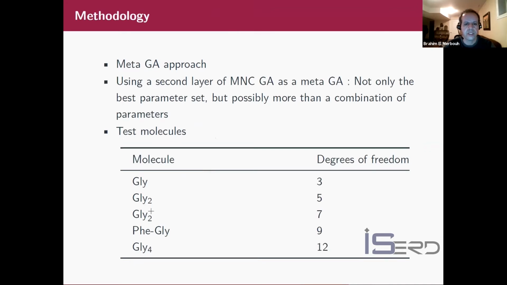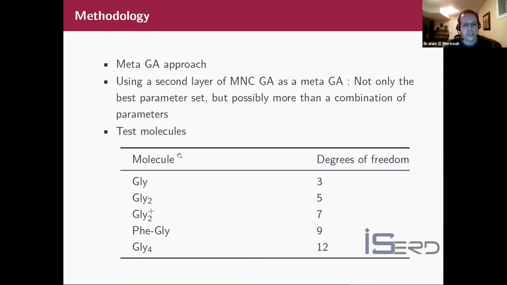So in this study, we used the second layer of the same algorithm. The benefit of this is to find not only one best parameter set, but possibly more than one combination of parameters for better performance.